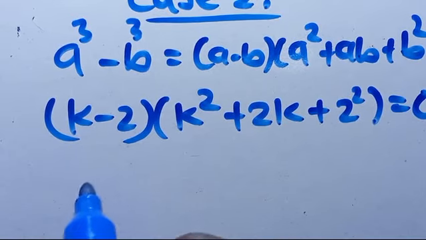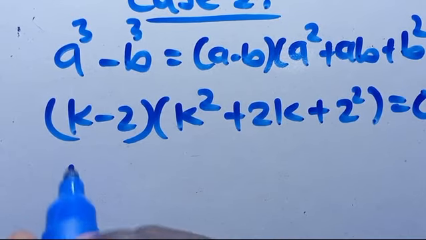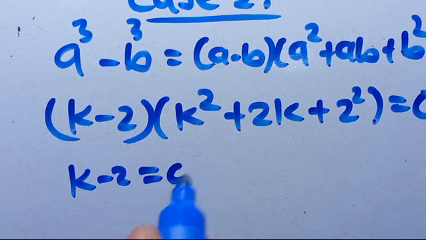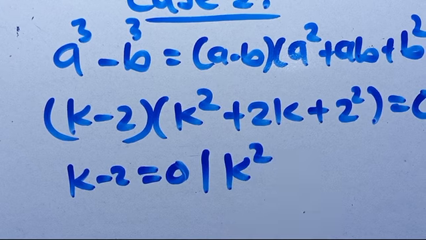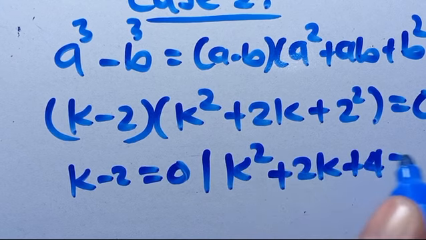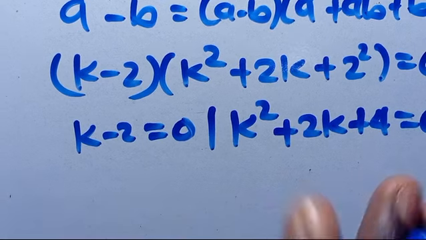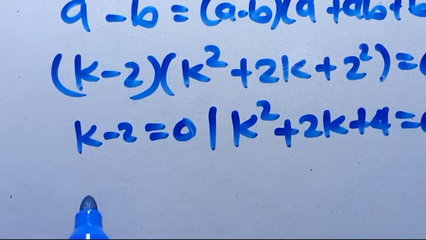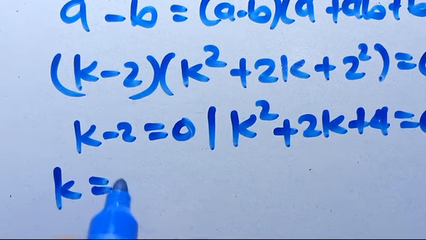So from here we have k minus 2 equals 0, or we have k square plus 2k plus 4 equals 0. So from here we have k equals 2.